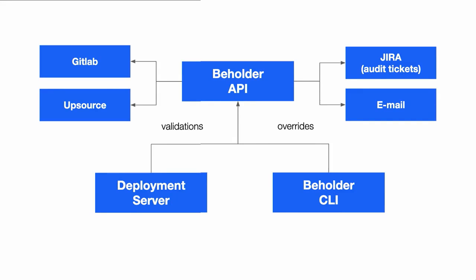The other portion of this that the team that built Beholder also put in is, we realize that in some instances we may have a deadlock scenario. Maybe we can't approve that code commit for one reason or another. So in addition, there was also a command line interface to Beholder that we can make manual override requests to say, look, we know we're trying to deploy this release and we know it's not all covered by a code review, so we want to override that.